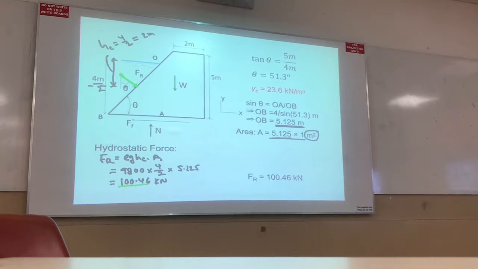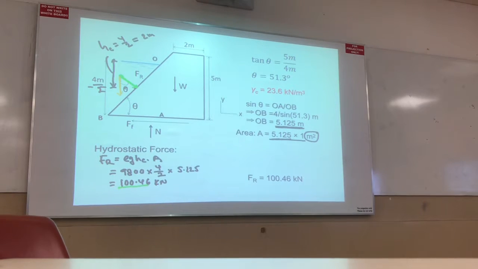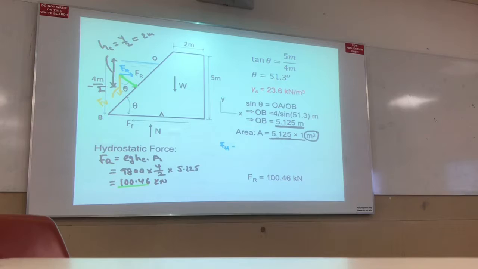This number has two components. One is the vertical component, this is Fv. And another one is horizontal component, Fh. So what is the value of Fh? Tell me. Fh becomes Fr sine 51.3.